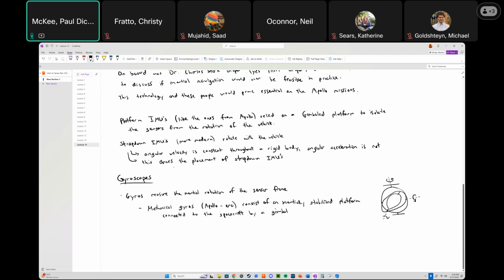But then there's some issues that go along with that. Gimbal lock being one of those issues. Now, generally, we don't do this anymore. More modern gyros are optical gyros, like the ring laser gyro. Sounds really cool.